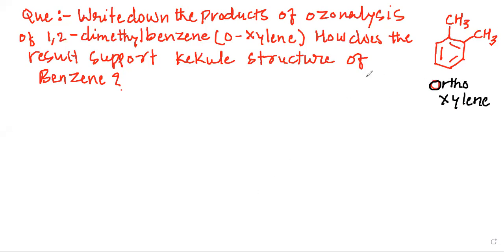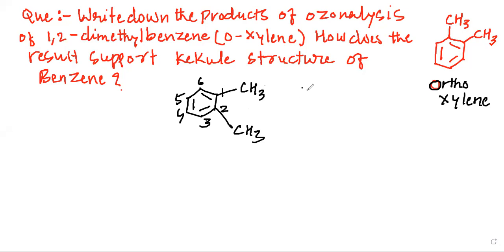If we take benzene and in the benzene all these carbons are available, suppose we give 1, 2, 3, 4, 5 and 6 numbers, then if at any two adjacent numbers, let us say 1 and 2, we have two same or different groups, this kind of benzene is known as ortho.